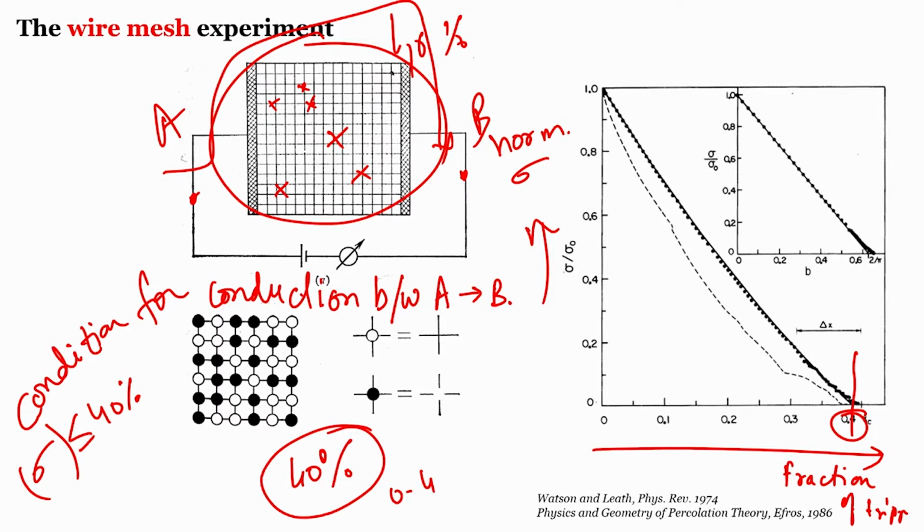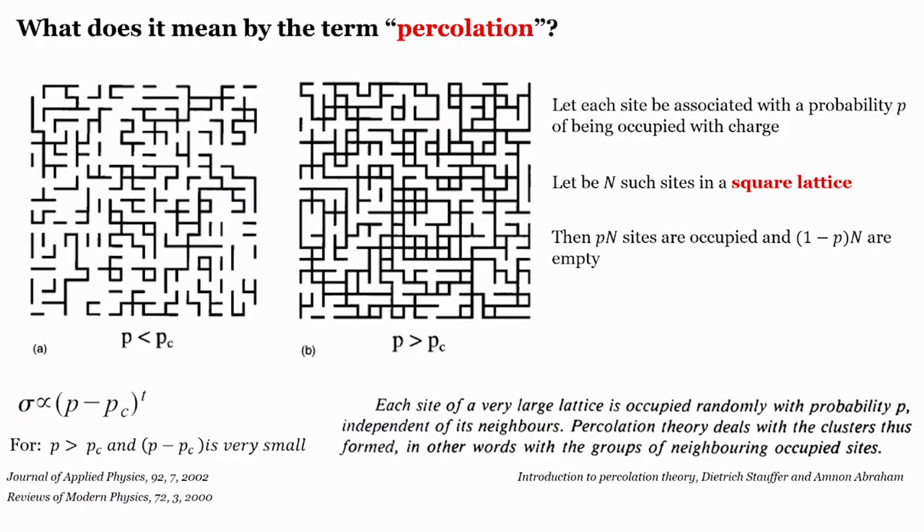Then we tried to understand in terms of probability, because all these experiments, be it the wire mesh experiment or any other disordered system which has a characteristic percolative transport, the associated junctions which we saw getting tripped are just our means to understand the effect of percolation theory. Let's say we have multiple junctions here.